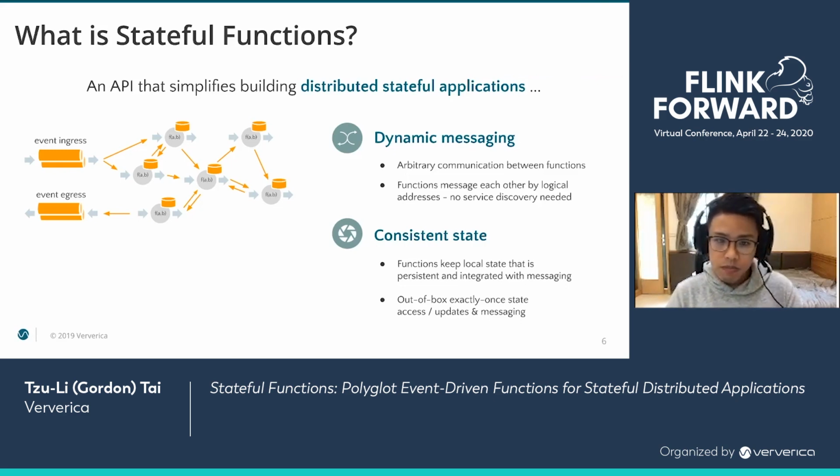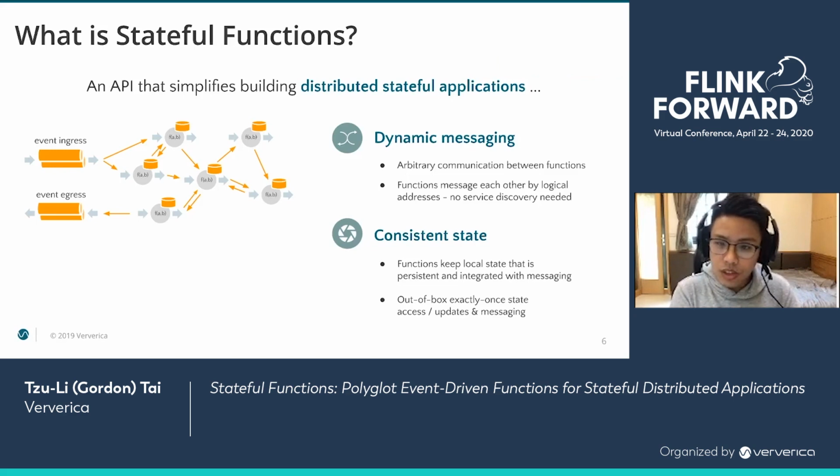Now, all of this messaging can be done with exactly-once semantics. Function instances can keep local state, while the runtime makes sure that messaging and state updates are integrated so that users can have out-of-the-box efficient consistency across the event inputs to the application.